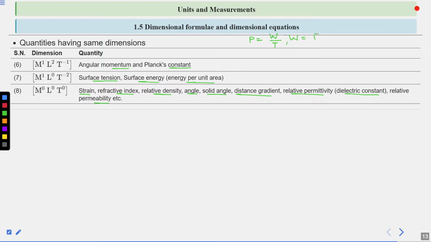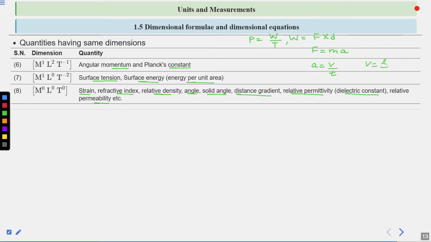Force into displacement. And where force is equal to what? Mass into acceleration. Where acceleration is equal to what? Velocity upon time. Where velocity is equal to what?